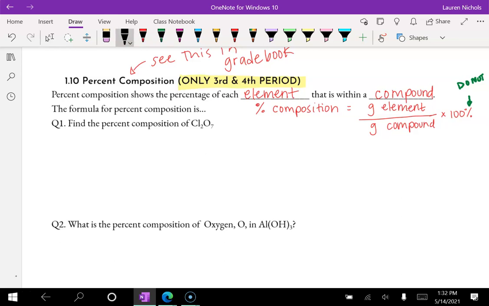So if we want to find the percent composition of Cl2O7, dichlorine heptoxide, it's been a while since I've had to pause there and think for a second. When we look at our element, it doesn't mention a specific element, so this means I need to find the percent of chlorine and the percent of oxygen.